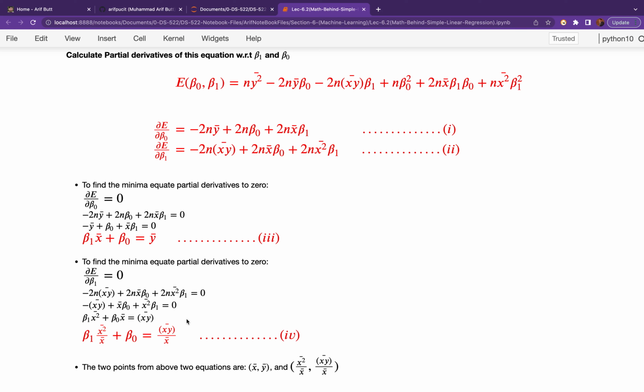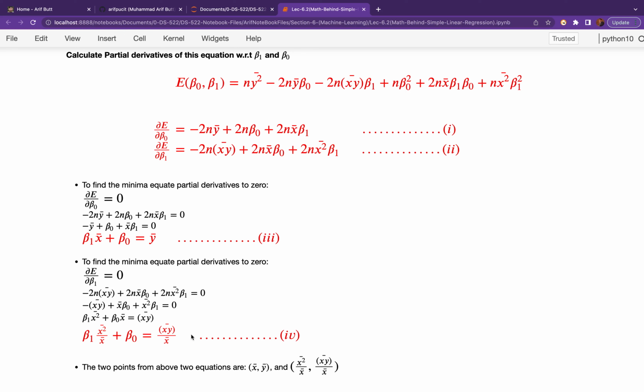And this equation 4, I have simplified actually from this equation 2. I have equated this equation 2 to 0, and I have arrived at this equation 4. Fine, this is great.